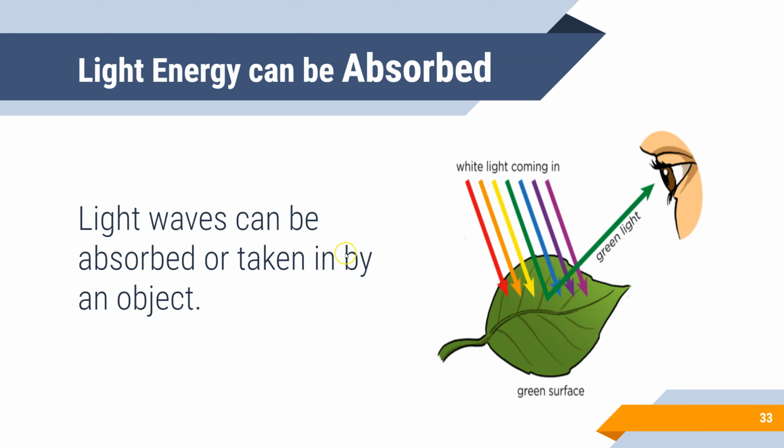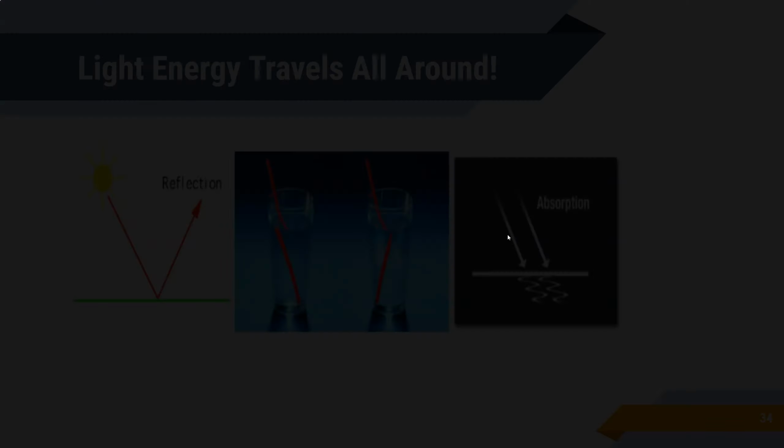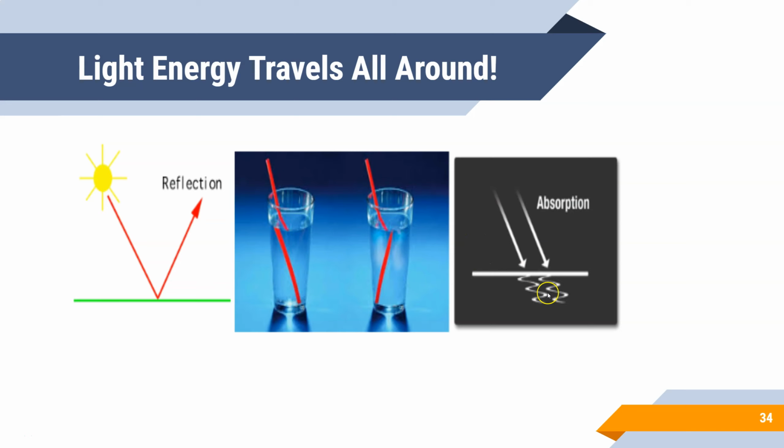Some objects are better at absorbing than others. So let's just review that. If light energy reflects, it bounces off. If it refracts, it bends. Or if it absorbs, it actually takes in the light energy.